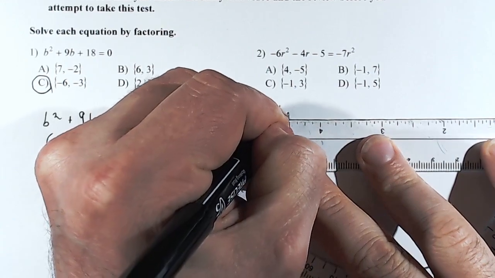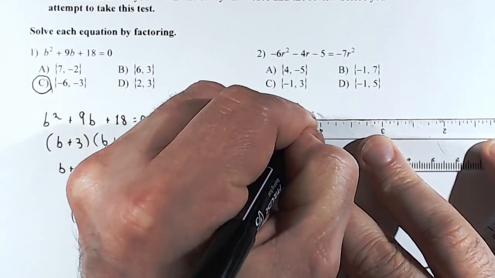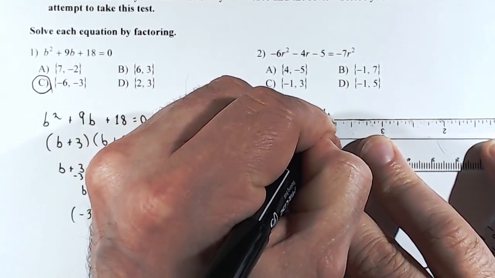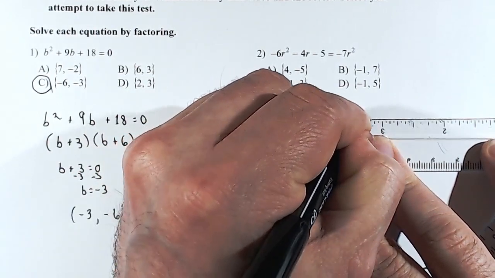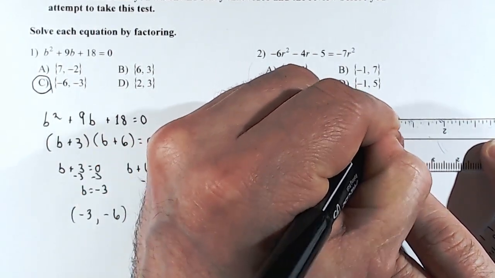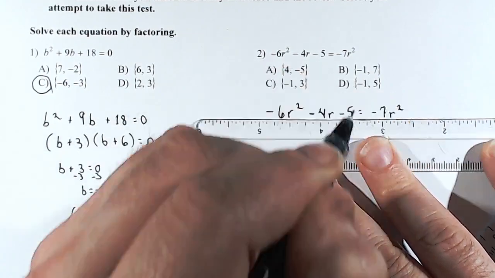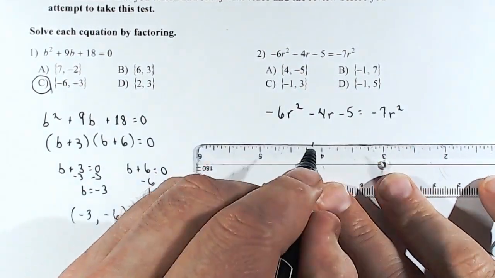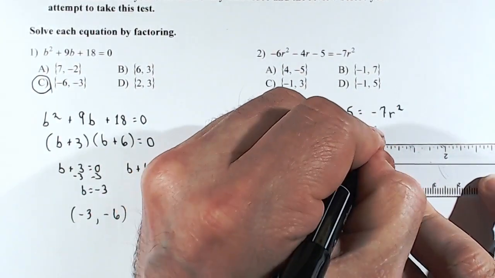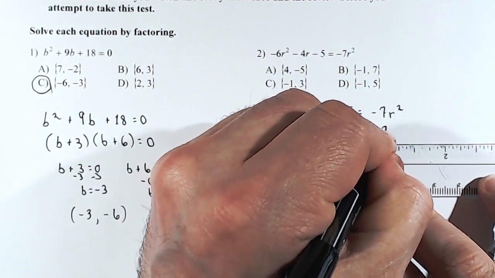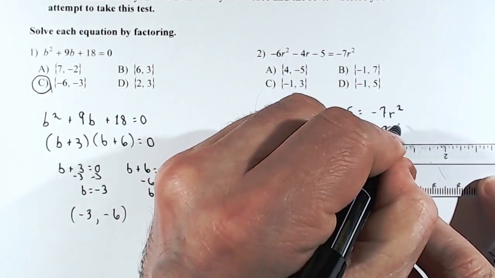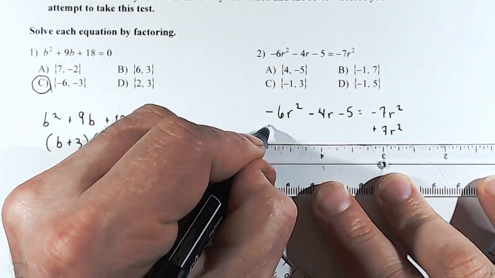So we have -6r squared minus 4r minus 5 equals -7r squared. To get these r squared variables together, I'll just add 7r squared to both sides of the equation.